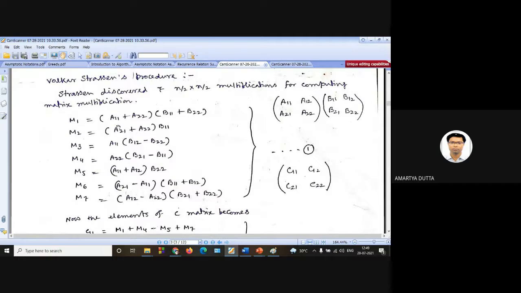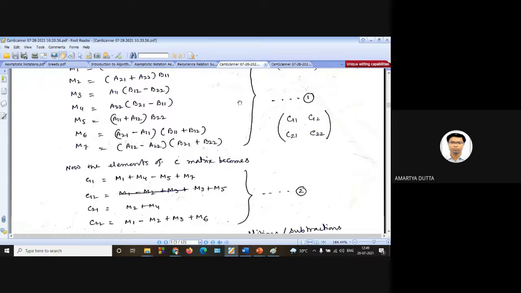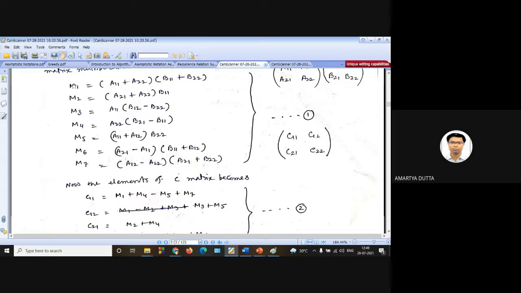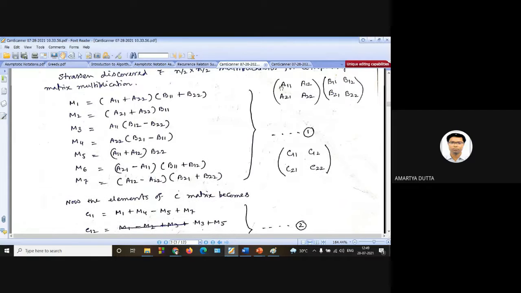So these are the Strassen's formulas for finding the multiplications. I'm not going into detail with Strassen's M1 through M7, total 7 multiplications are there. If A11, A12, A21, A22, B11, B12, B21, B22 are the 2 matrices, then total 7 multiplications will be there.